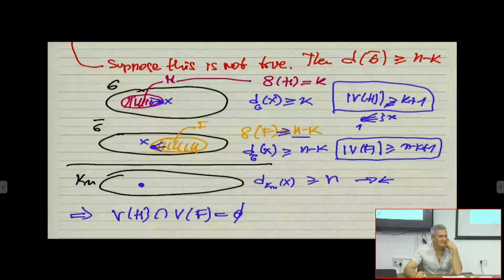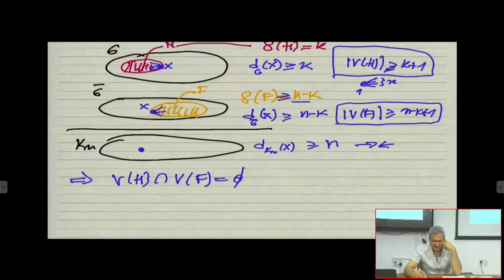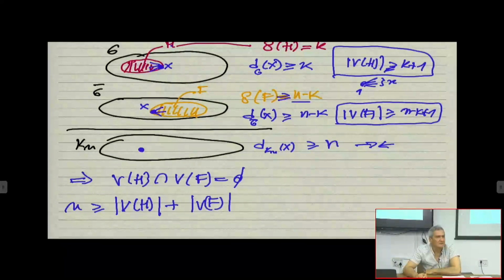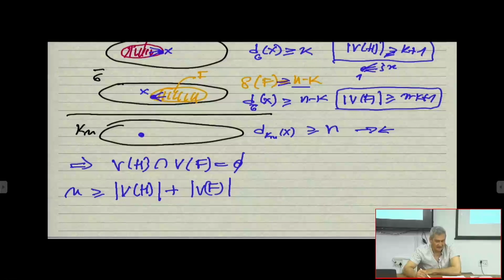Now look, the number n is at least the number of vertices of H plus the number of vertices of F. They are vertices of Kn, but disjoint vertices, so the union of the vertices is at most n.